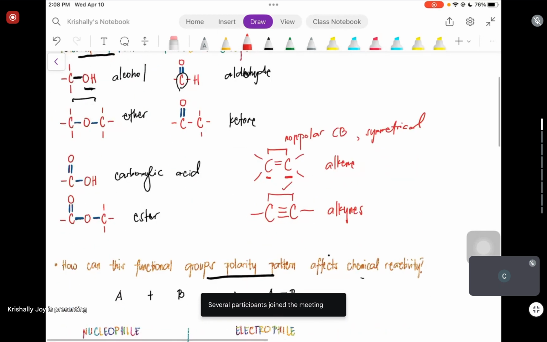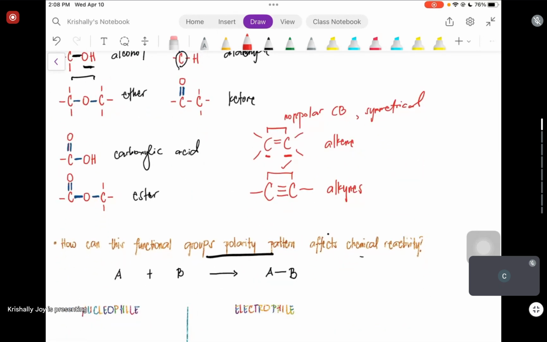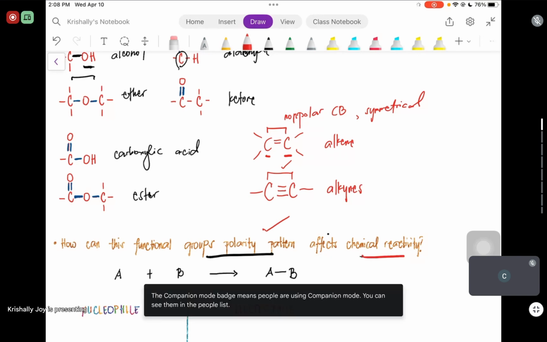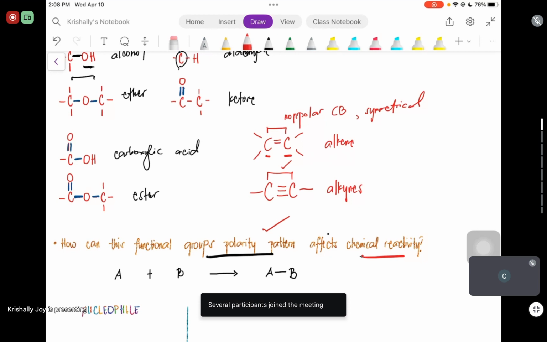Okay. Now, what does this functional group polarity mean with respect to the chemical reactivity of a compound? What is the relationship? How does this polarity pattern affect the chemical reactivity of an organic compound? Since we have mentioned that in a polar reaction, one must have a negatively polarized center, and the other must have a positively polarized center for the polar reaction to proceed.